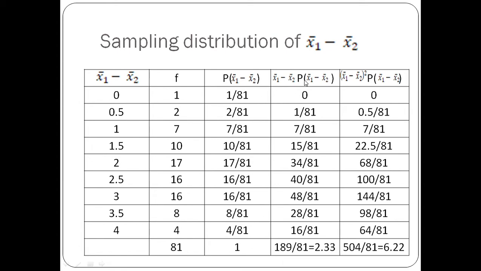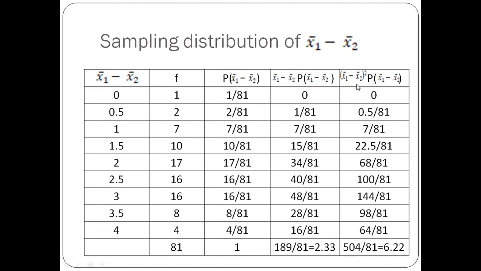Then for the mean we have to compute this column, which is differences multiplied by probability of differences. So we multiply this column with this column. First one is 0, then 0.5 multiplied by 2 over 81 gives 1 over 81, and so on, and the final sum of this column is 2.33.